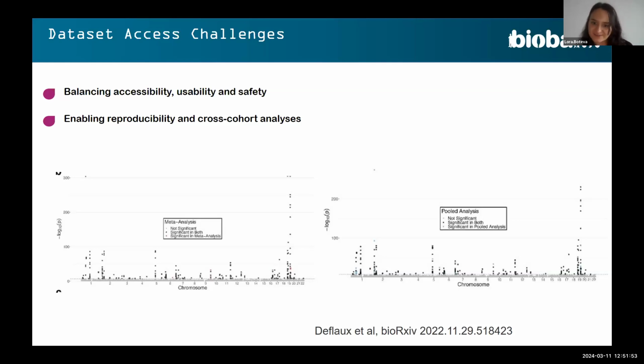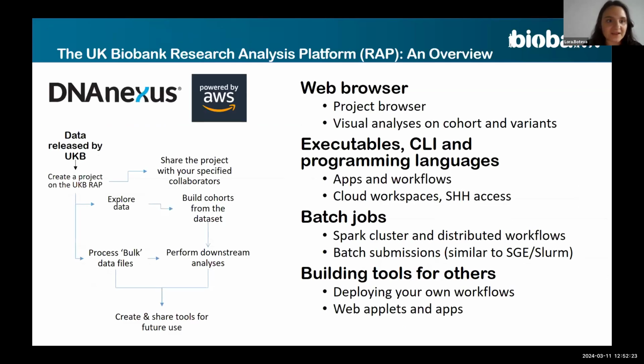On the right-hand side is a pooled analysis that looked at the summary level statistics data and went from there. That type of analysis does not require the raw data sets to be pooled together. And actually, the results are very, very comparable, which would indicate that it is possible to overcome the challenges associated with accessing data that's within a protected research cloud-based environment.